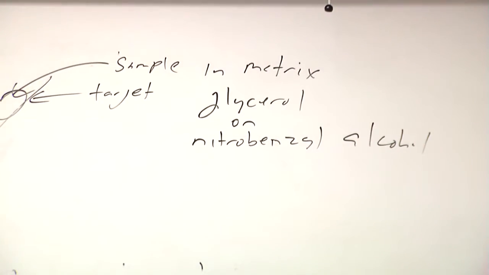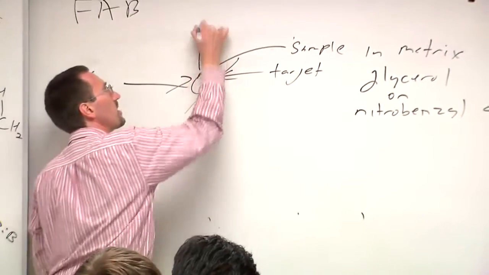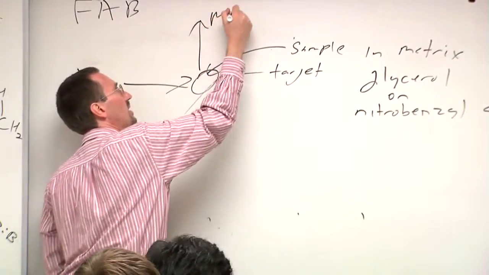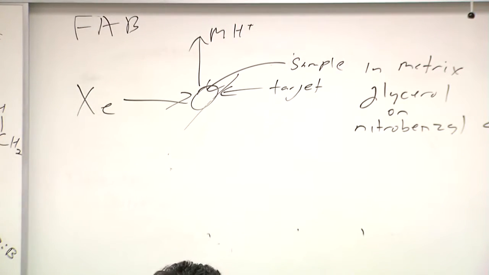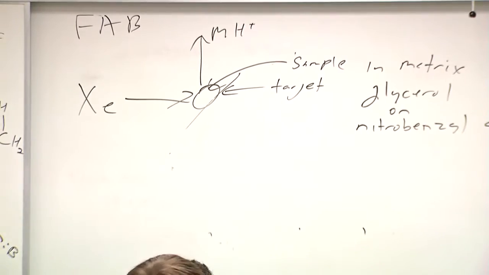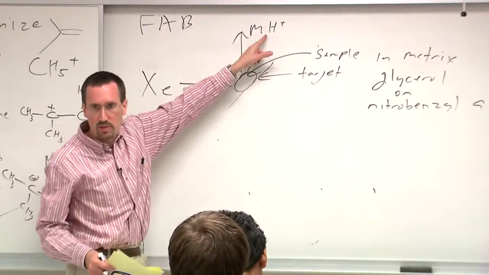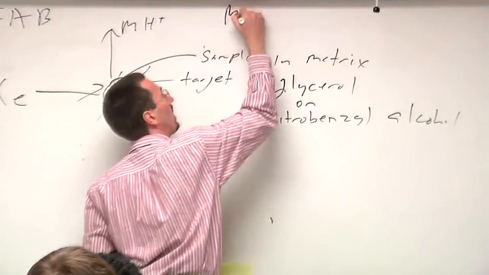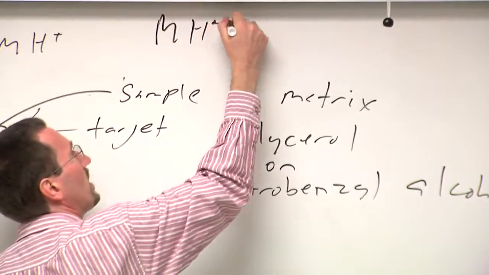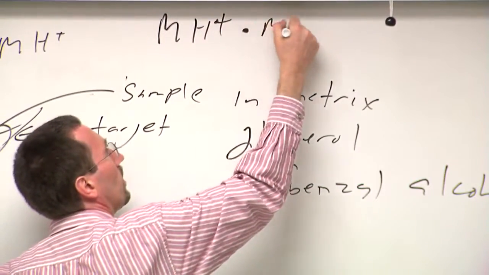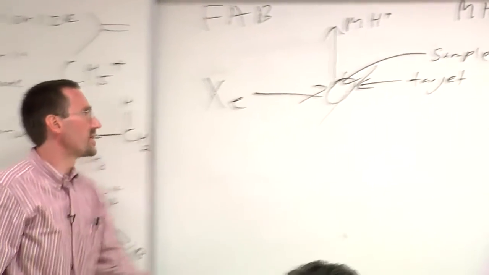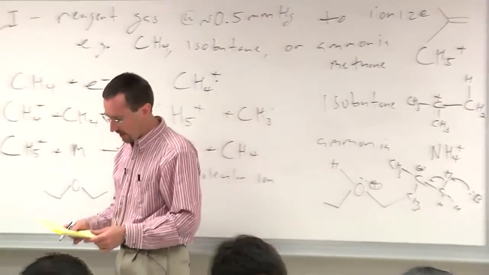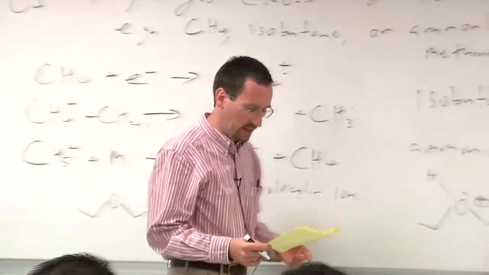What happens is, when the atom fires into the molecule in the matrix, you sputter off molecules, some of which are protonated, so you see MH plus or MH plus matrix. In other words, sometimes you'll see a molecule of glycerin or nitrobenzyl alcohol complexed with your molecule.